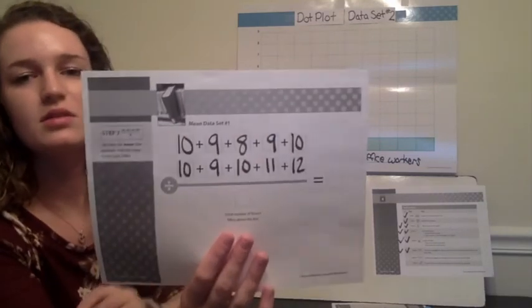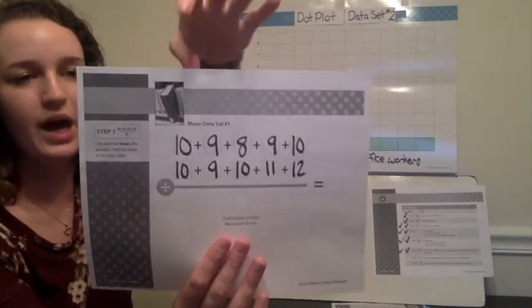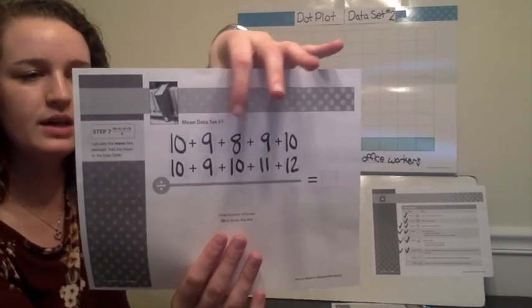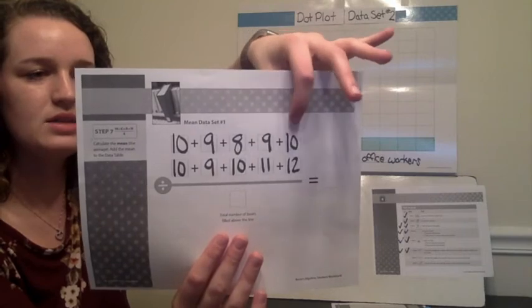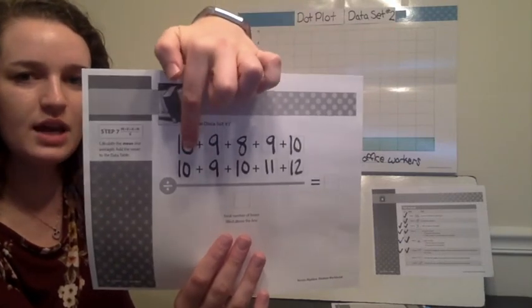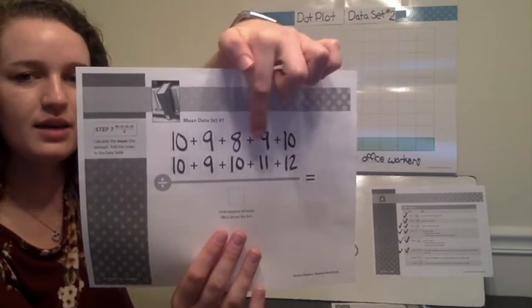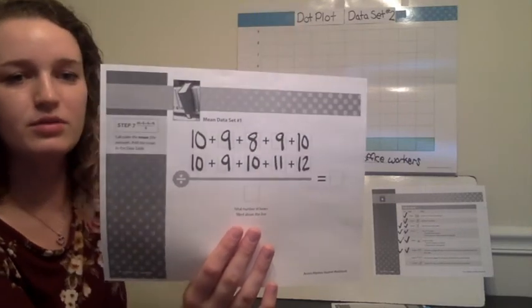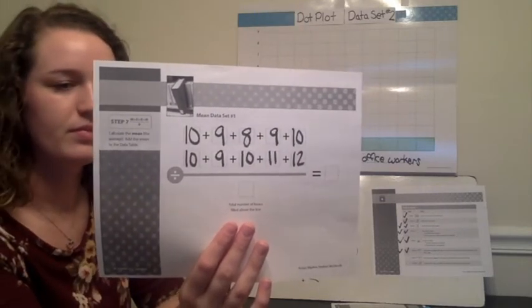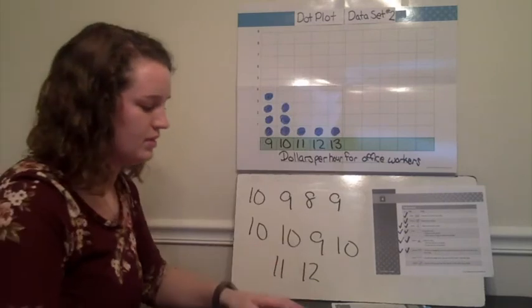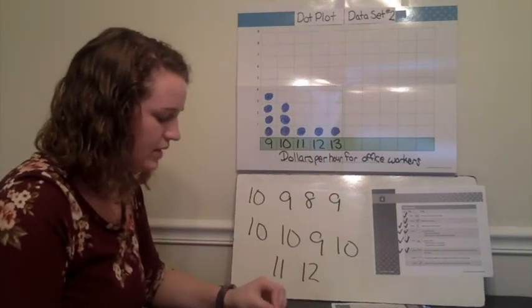Just like this. We have 10, 9, 8, 9, 10, 10, 9, 10, 11, and 12. Good. All right.